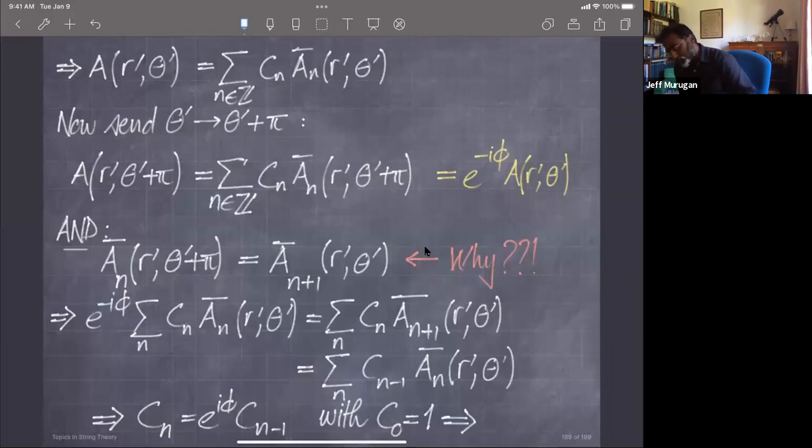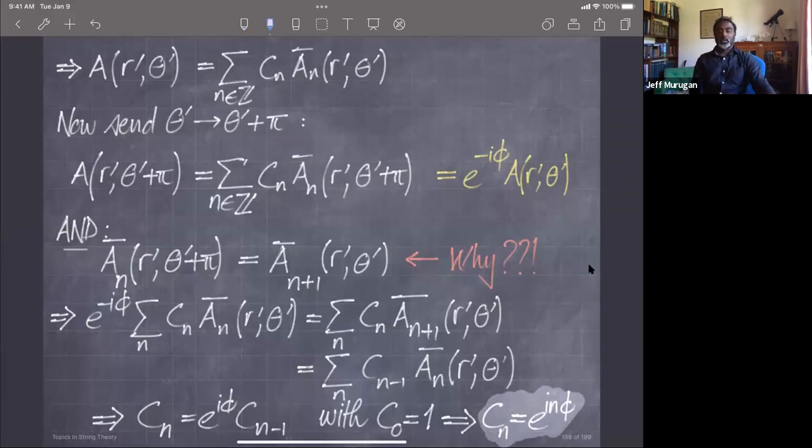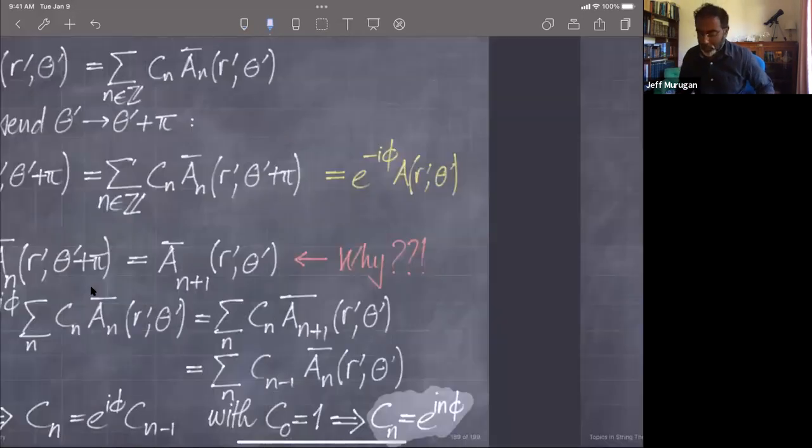And if I take C naught to be 1, then I can solve this recursion relation. In fact, what it means is that the nth phase, Cn, is just e to the I n phi. So that's cool. I know exactly what these phases must be. But if I know what these phases must be, I can just write down the full amplitude then.